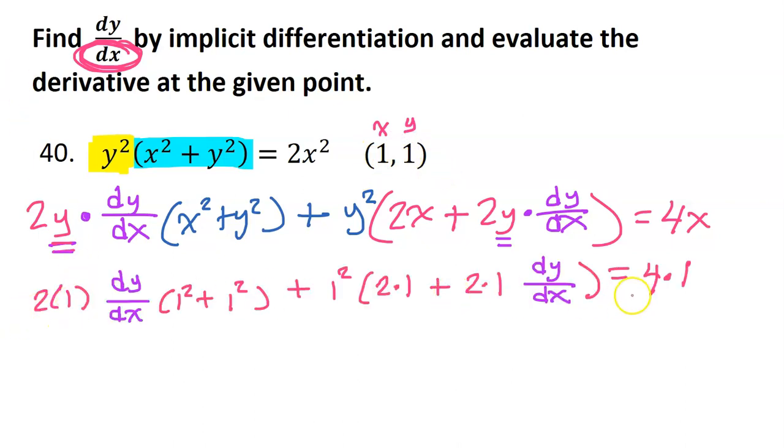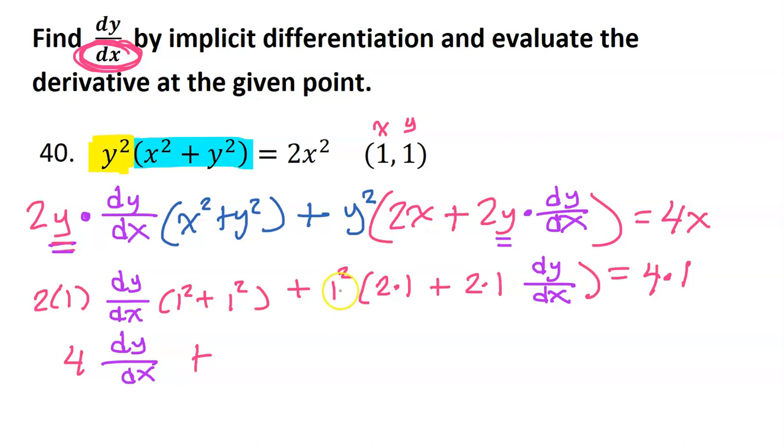Feel free to skip this step, but I've just shown my substitution of 1 for every x and for every y. So now I've got 2 times 2. This is just 1 plus 1, so that's 2. So I'm going to have 4 dy/dx.